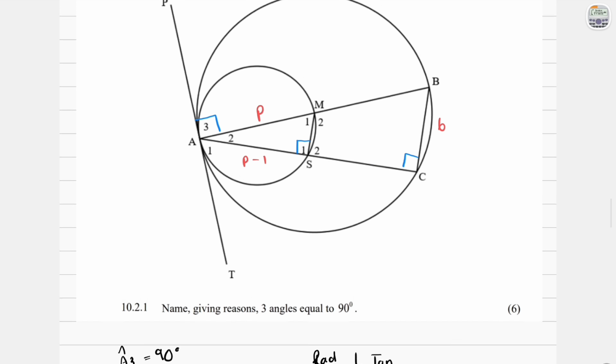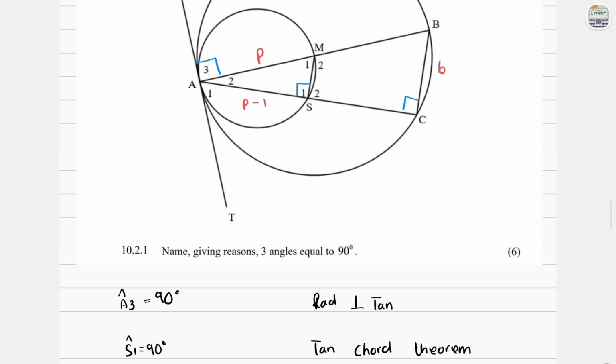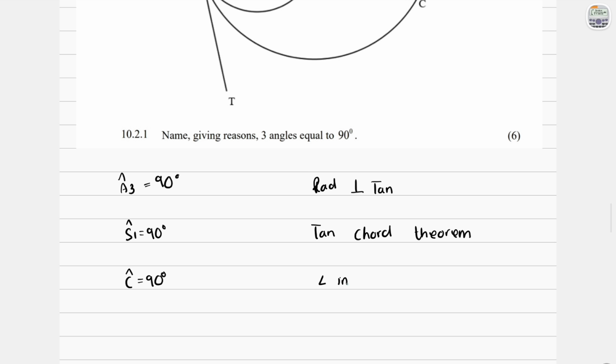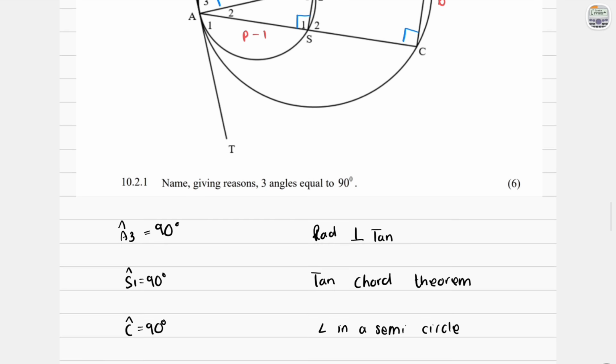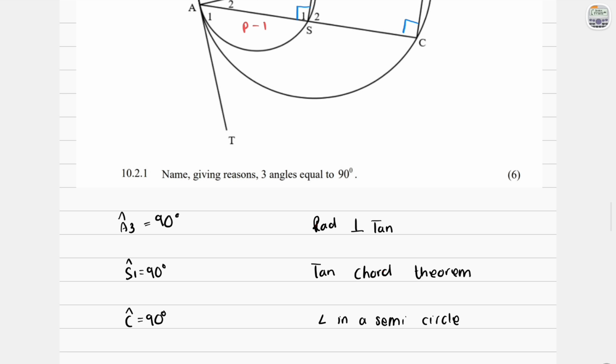And lastly, we have angle C, which is equal to 90 degrees, and that's because it is an angle in a semicircle. So, angle in a semicircle. Those would be the 3 angles equal to 90 degrees that we can find here. Moving on to the next question.